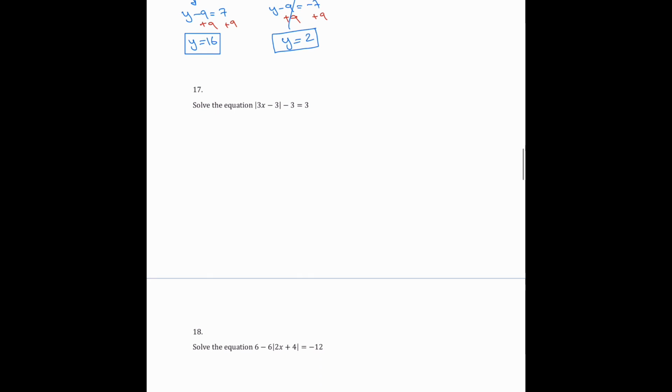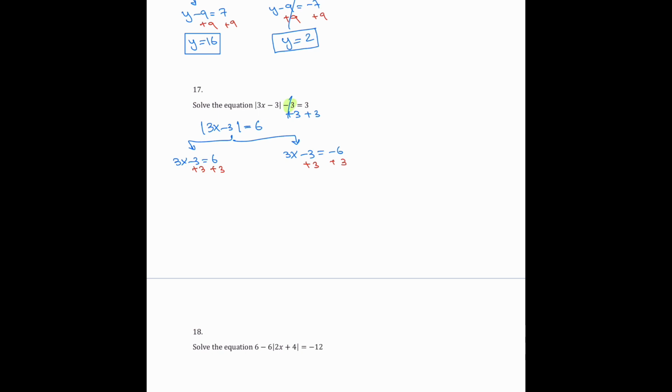Number 17, same process. So we're going to remove anything associated with the absolute value by adding 3 to both sides of the equation. You will end up with the absolute value of 3x minus 3 is equal to 6. And now this is going to split into 2. 3x minus 3 equals 6 and 3x minus 3 equals negative 6. So we're going to add 3 to both sides of the equation for both equations.